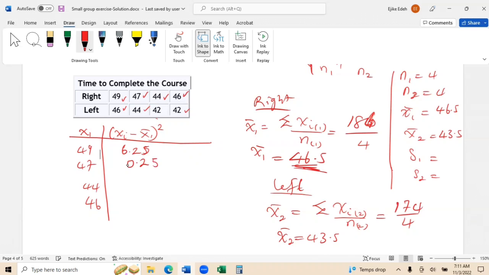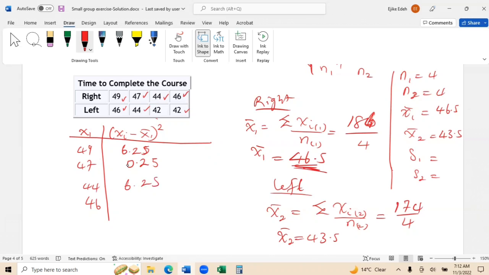So go to the next line, do the same thing. I'm going to do it quickly. 44 minus 46.5 gives me negative 2.5. Raising that to the power of 2 gives us 6.25. I'm trying to understand why that's the same as the other. Okay, 6.25.